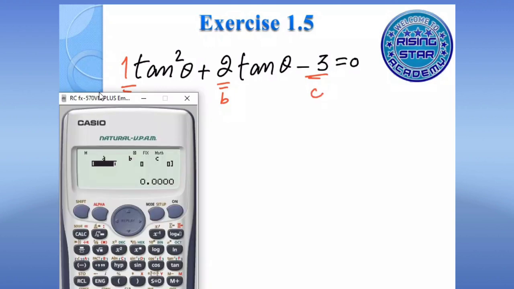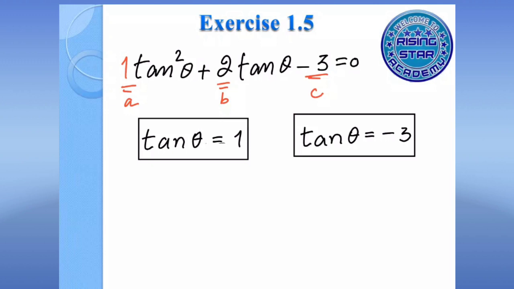So now I will put the values 1, 2, then minus 3. My first answer for tan theta would be equals to 1. The second answer for tan theta would be equals to minus 3.